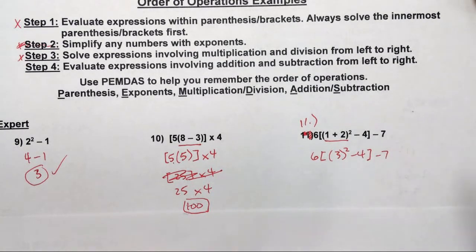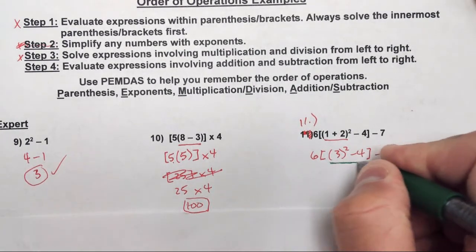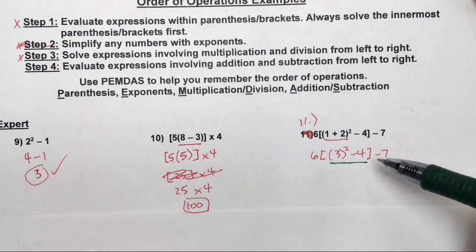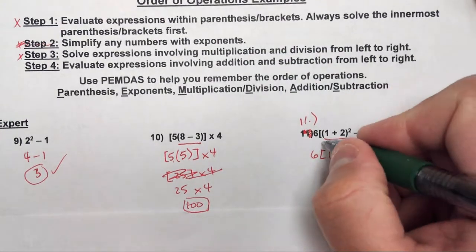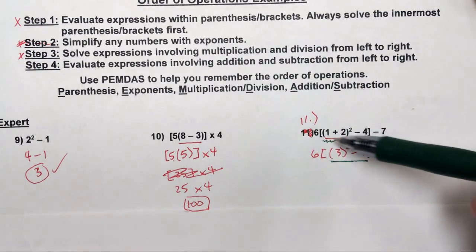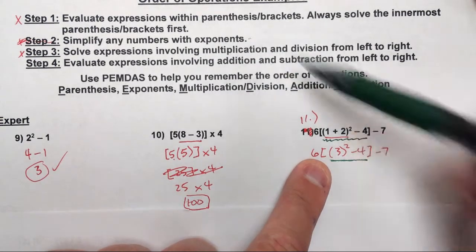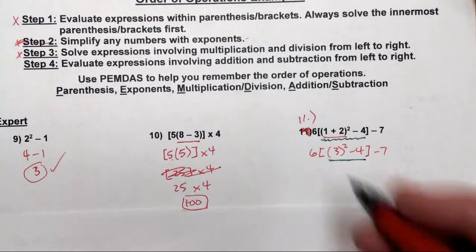And then from there, I need to simplify this expression here. So I'm re-evaluating this expression using PEMDAS. Initially, this whole expression needed to be simplified, so that involved parentheses, and I simplified those parentheses first. Now I need to handle exponents within this expression. So 3 squared becomes 9.